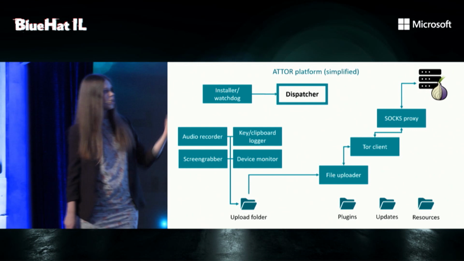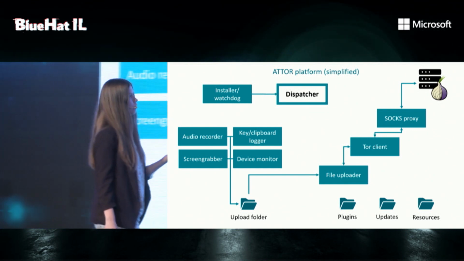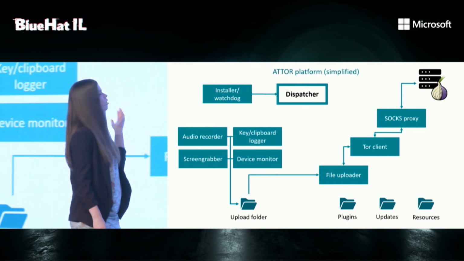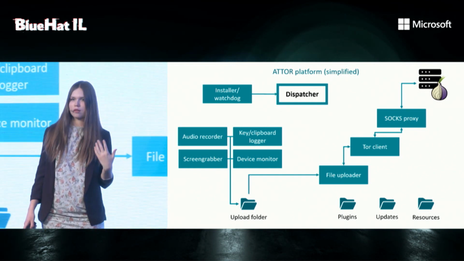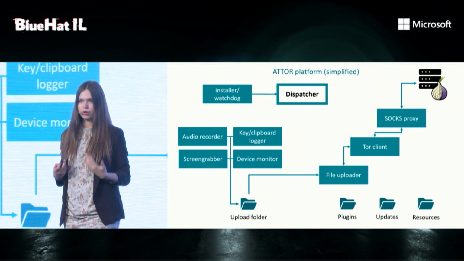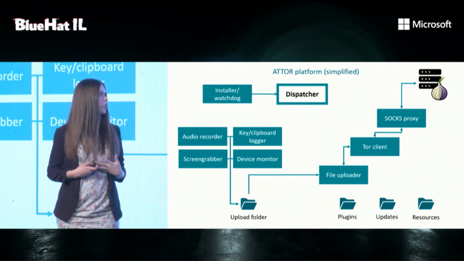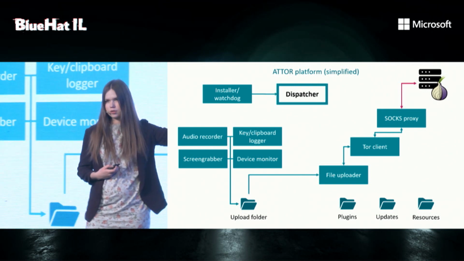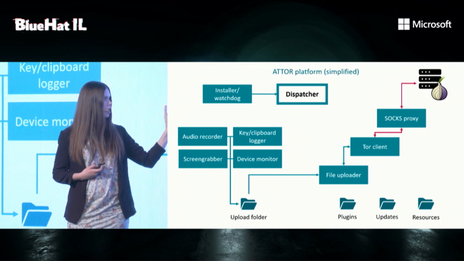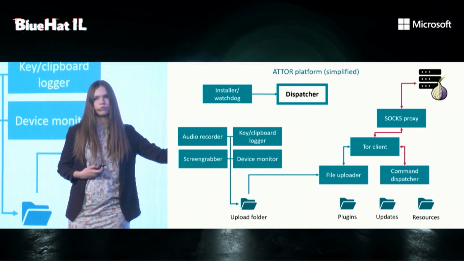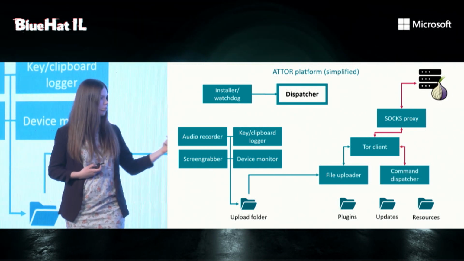And that was just one part of the communication, but the server also wants to reach back to the compromised computer so that it can send some additional code or data or commands. And this is again done using the SOCKS proxy and Tor plugin. This time the commands get relayed to another plugin that we named the command dispatcher.